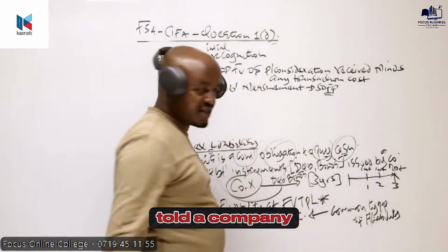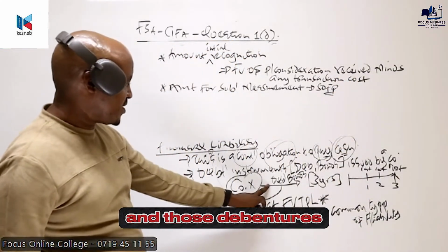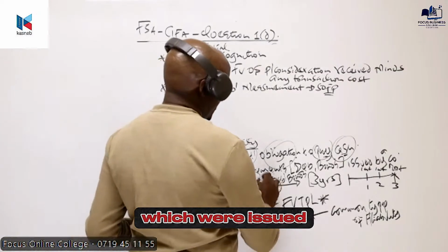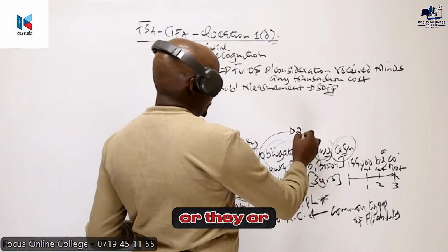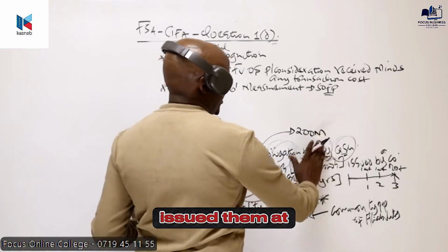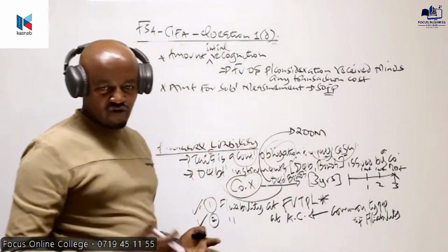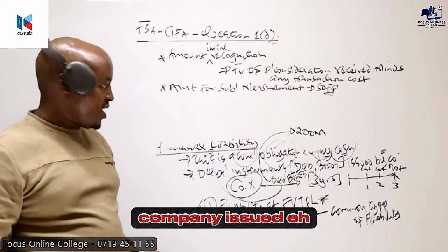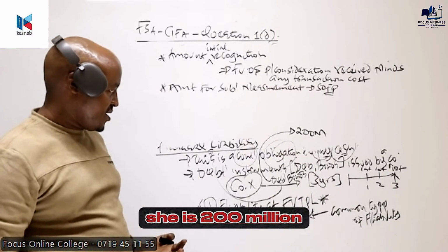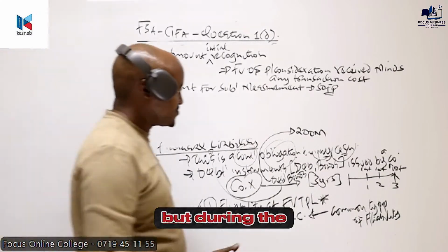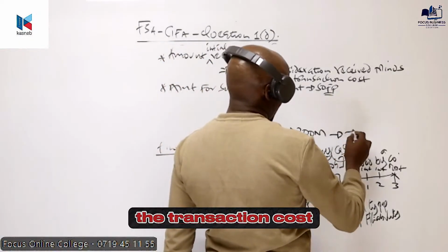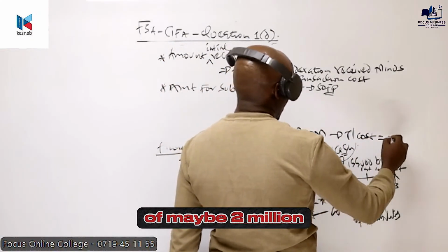Like in this case, you can be told a company issued debentures at an amount of 200 million. So the company issued shillings 200 million debentures, but during the issue, the company incurred a transaction cost of maybe 2 million.